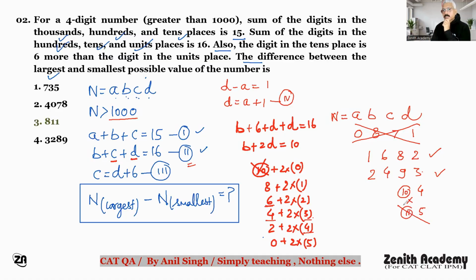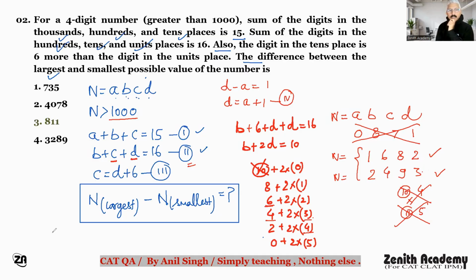It means these two cases are not possible. So only two possible cases, 1682 and 2493. The first, 1682, is the smallest and 2493 is the largest number.